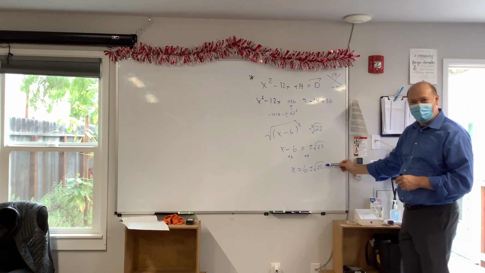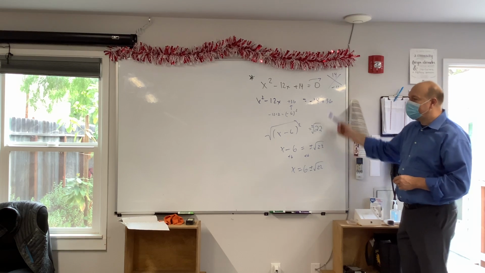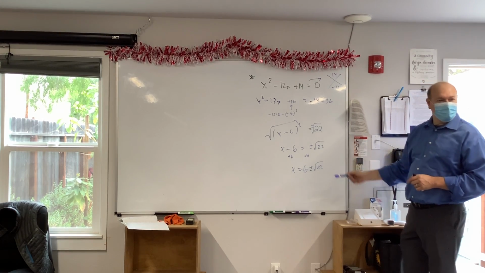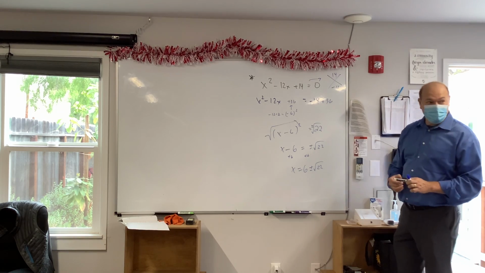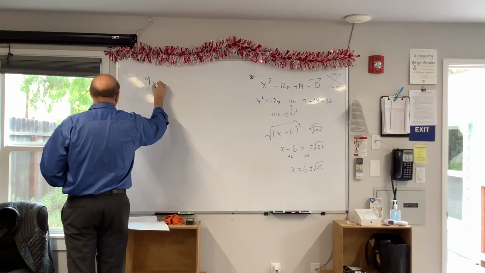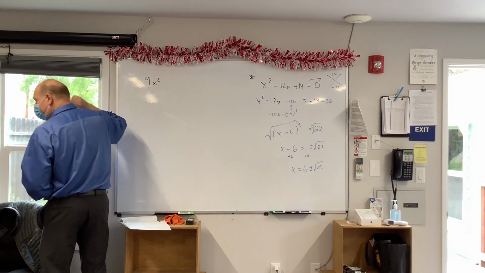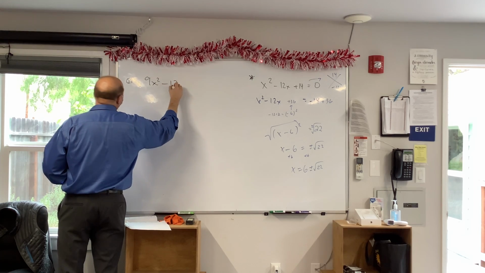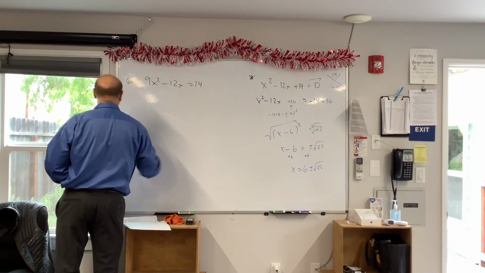We good? So this little square root method, completing the square method, allows me to have answers that I can no longer do by factoring. Okay, tough. You guys ready? 9x squared minus 12x is equal to 14.